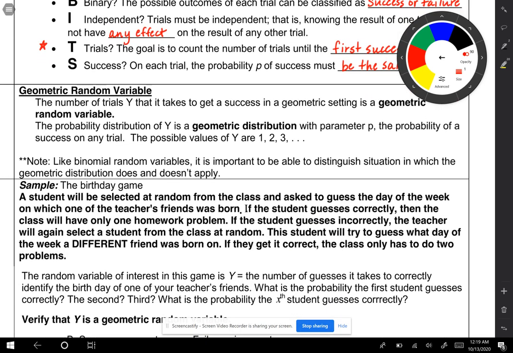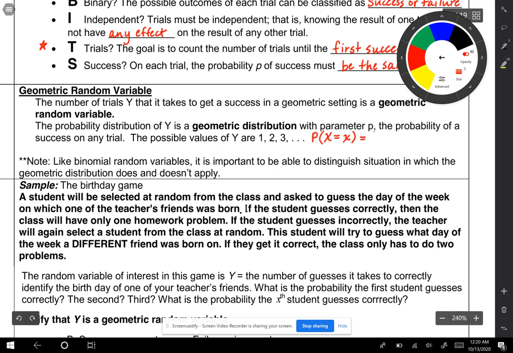On your formula sheet, this is the formula that is given for the geometric distribution. It's the probability that your geometric random variable X equals a lowercase x. In the old ways it used to be k, and it really doesn't matter what that little variable is.